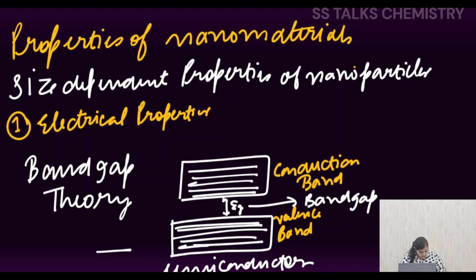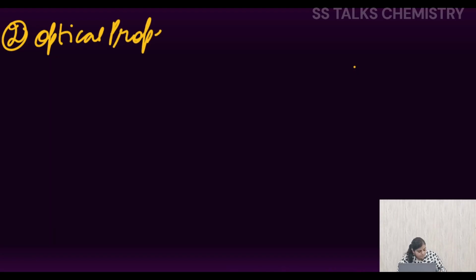Okay, now the next property we are going to look at is their optical properties. Optical properties basically refer to the colors of these materials, right? So suppose you have gold, I am taking it as the bulk material, that is going to possess the yellow color.